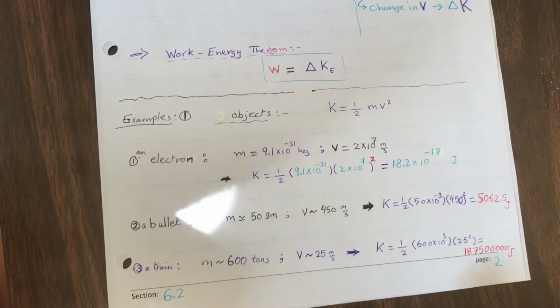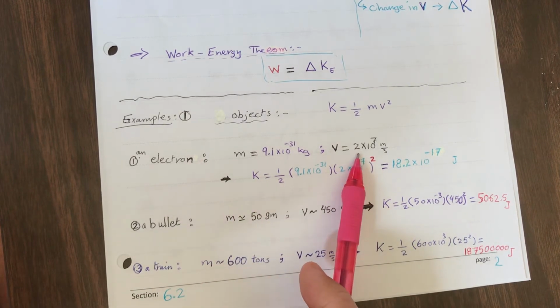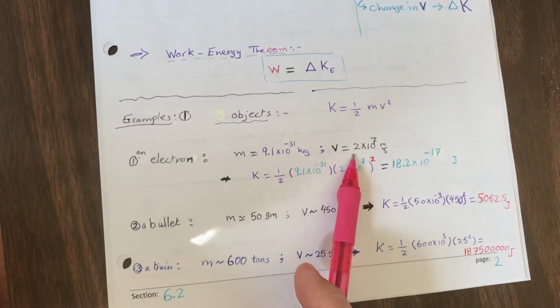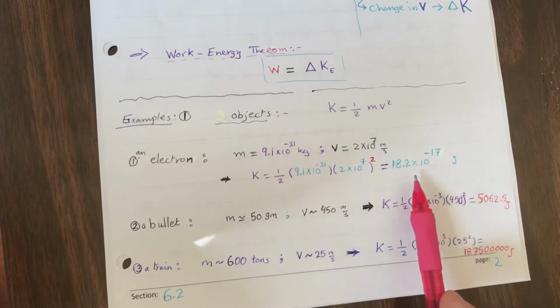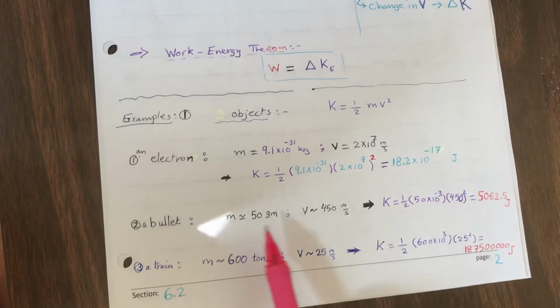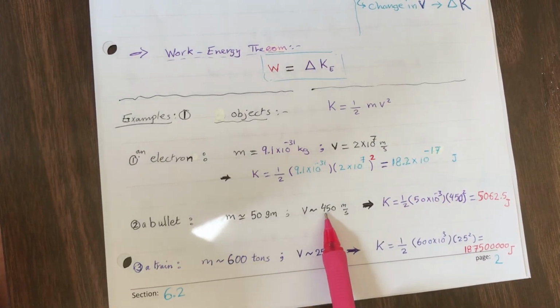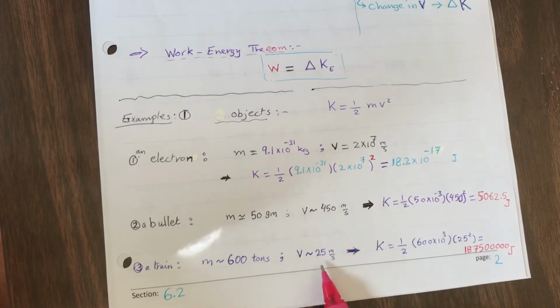electron. Be careful. For the electron we have very high speed, but the mass is very, very low. So the kinetic energy is very, very low. For the bullet, its speed is high, 450. It's much higher than the train velocity.